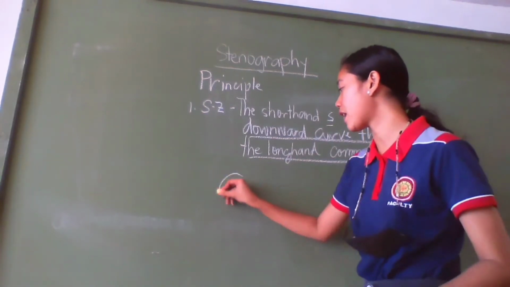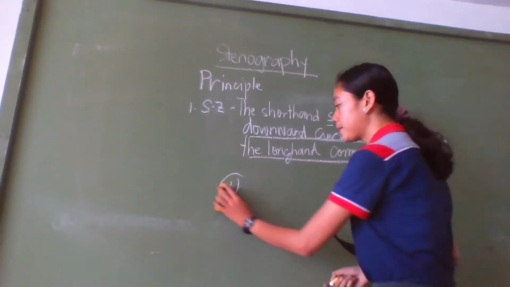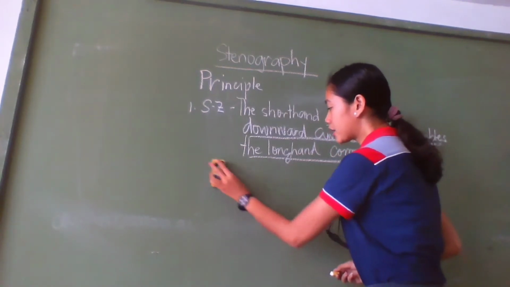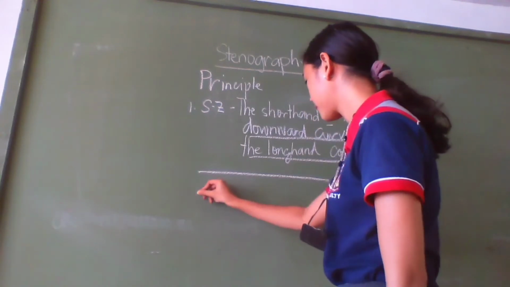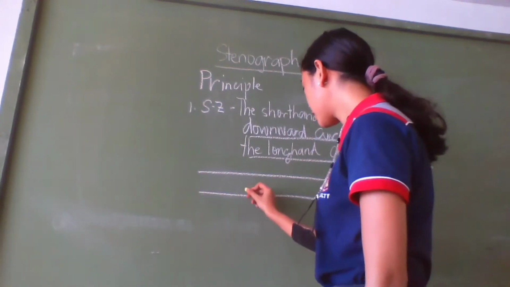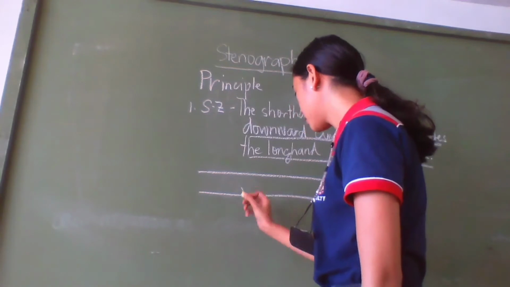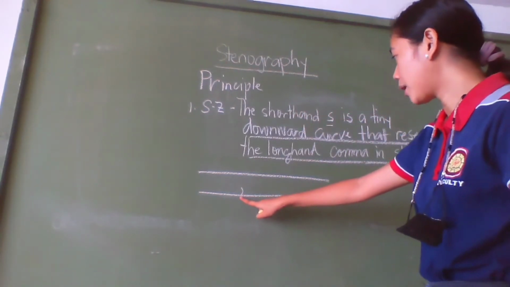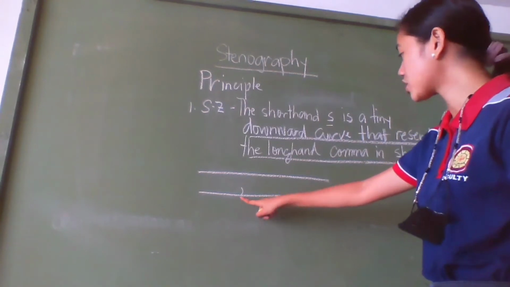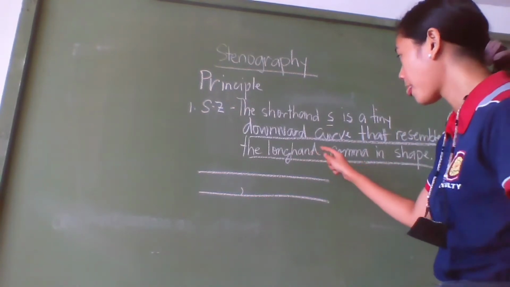So if this is the comma, so we will write the letter S as, if this is the line, so letter S will be ganyan. As you can see, naka-resemblance siya sa longhand na comma.